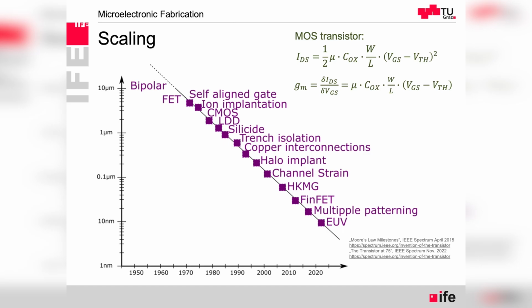Regarding the last 2 points, when we go down to sub 14 nanometer technologies, then photolithography with ultraviolet is not enough. We need extreme ultraviolet, 13.5 nanometer wavelength.